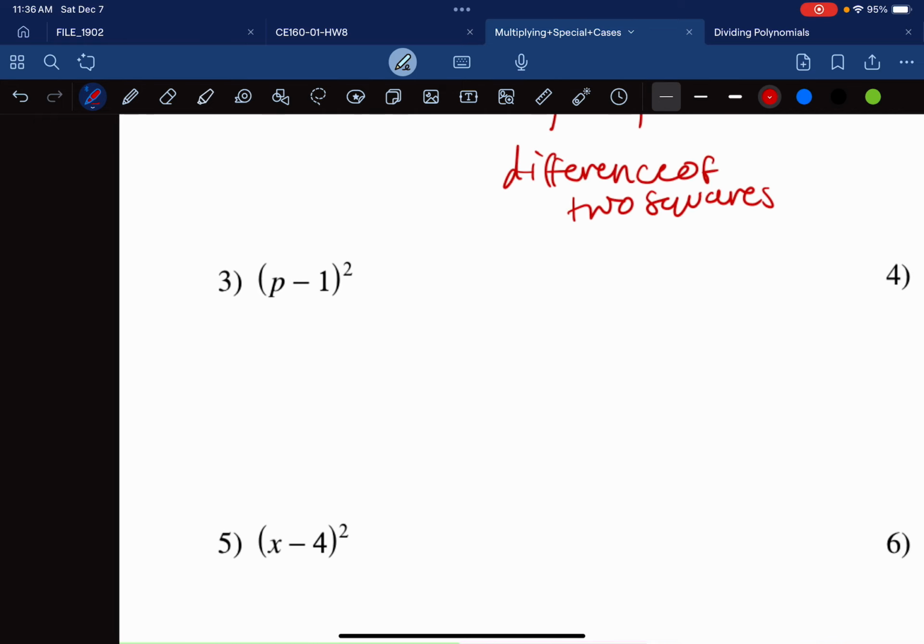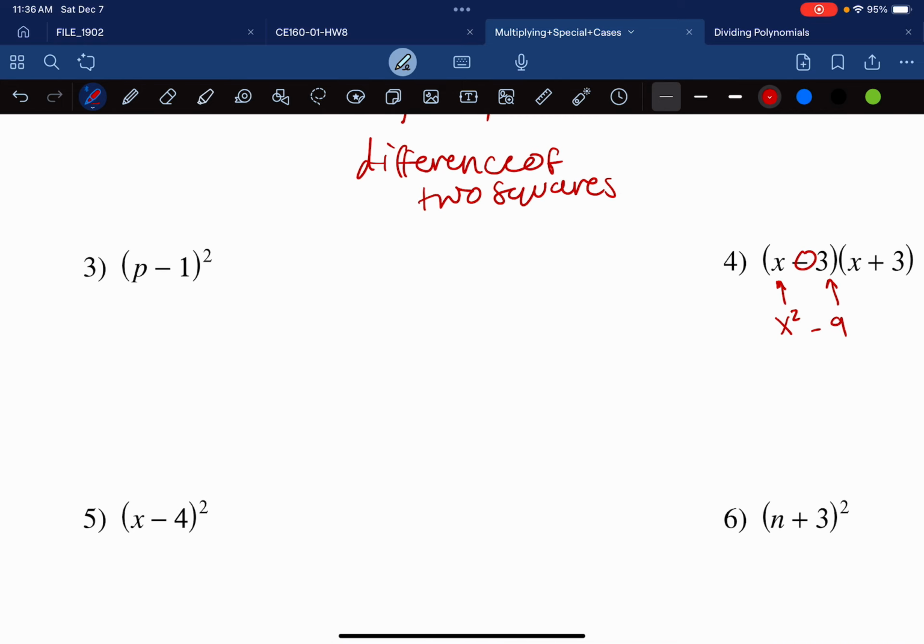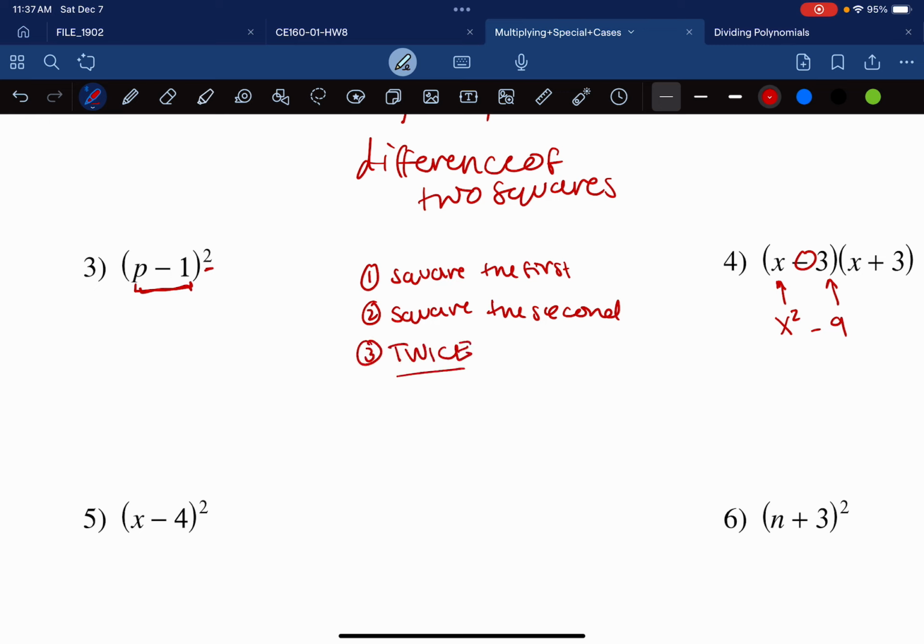Alrighty. Okay, here's a second case. When you square a number or a polynomial, so we have p minus 1 squared, we have some rules, and I would highly recommend if you've missed class to write these in your notebook: square the first, square the second, twice the product.